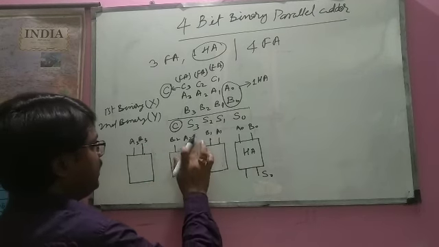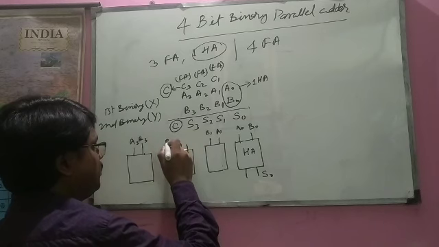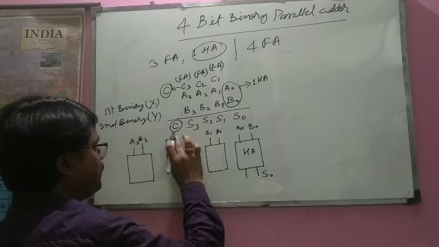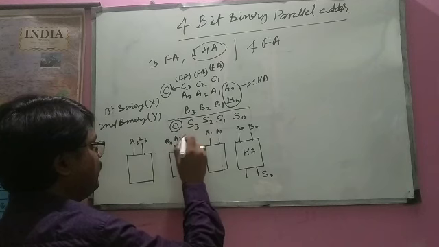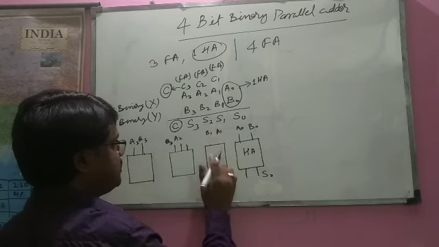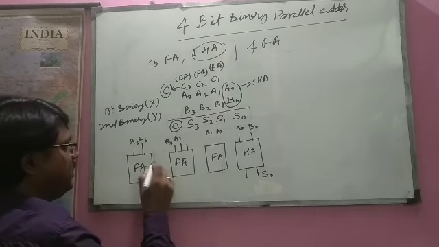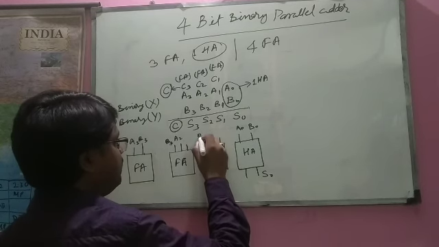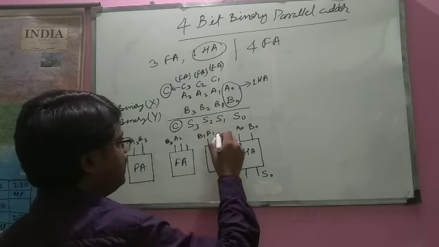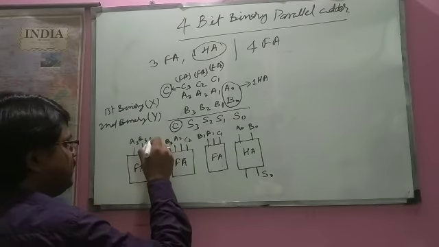But here there will be one more terminal, the carry input, and because all these are full adders, each will have three inputs. So this is B1, this is A1, and this is C1. And this is C2 and this is C3.